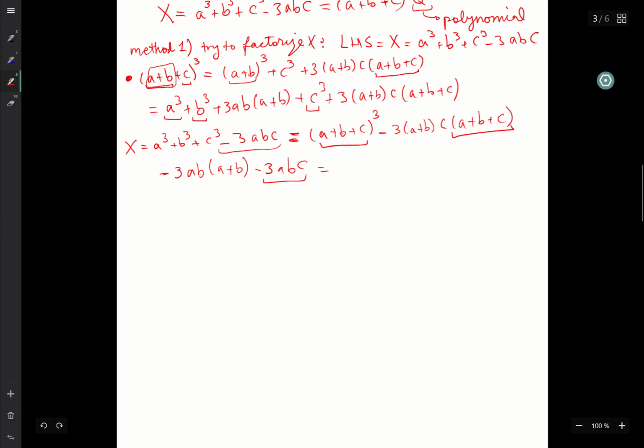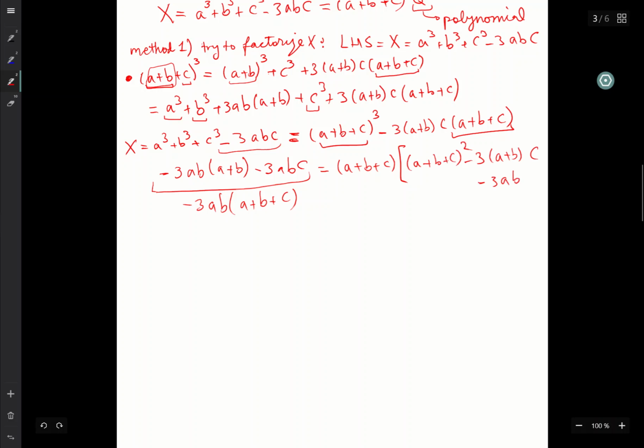And obviously the first term, and then if you look at these two terms and factor the minus 3ab, we end up with (a + b + c), okay? And then we can factor (a + b + c) out. We end up with (a + b + c) squared minus 3(a + b)c minus 3ab.